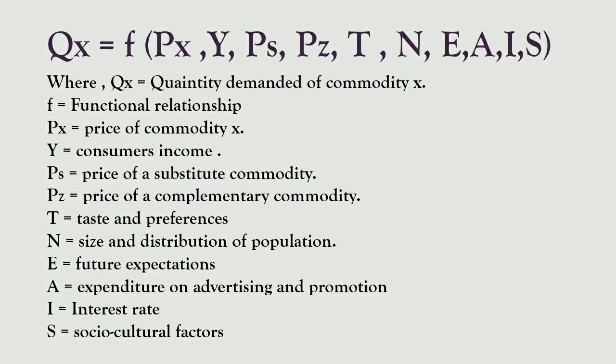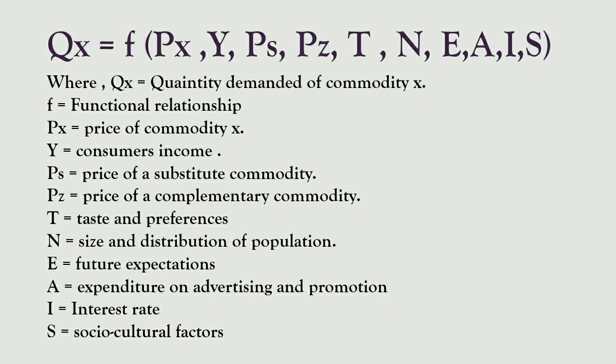Now here we can see that Qx, that is quantity demanded of commodity X, depends upon various determinants. The first of which is a very important one, that is the price of a commodity. The next is the income of the consumer, shown as Y. PS is the price of the substitute good. PZ is the price of a complementary commodity.